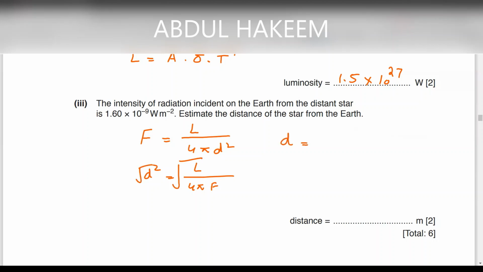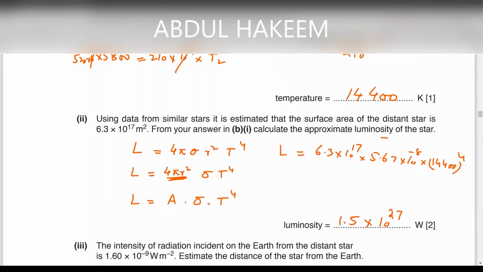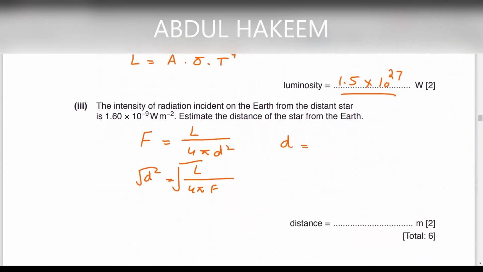Luminosity is given here. It is 1 point something, yes, 1.5 into 10 power 27. So put the actual value.